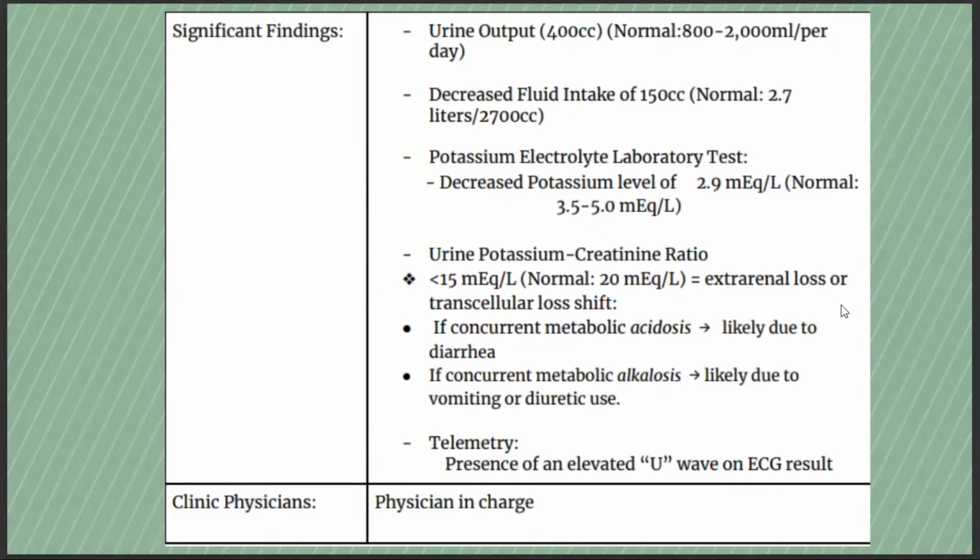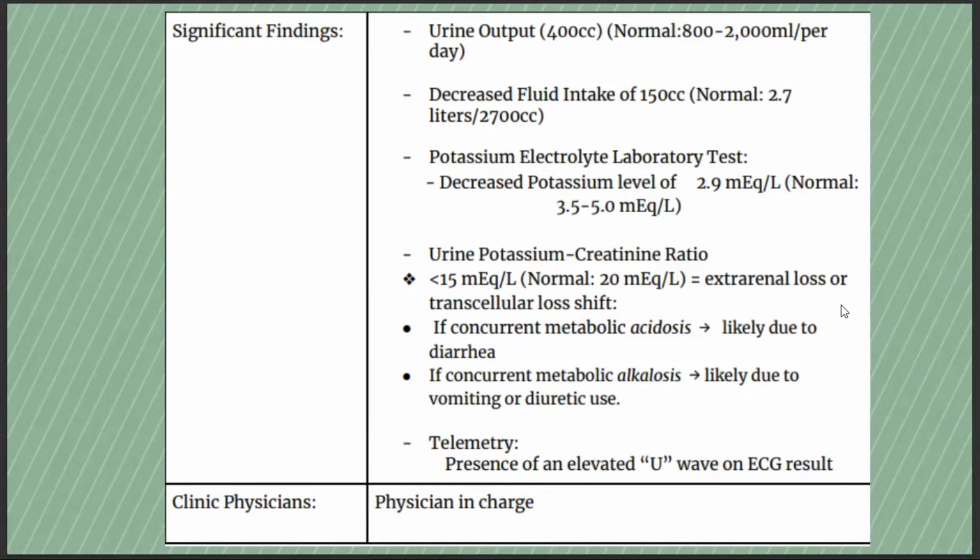Decreased fluid intake of 150 cc, and the normal fluid intake is 2.7 liters or 2700 cc. And the potassium electrolyte laboratory test has a decreased potassium level of 2.9 per liter, and the normal potassium level is 3.5 to 5.0 per liter.